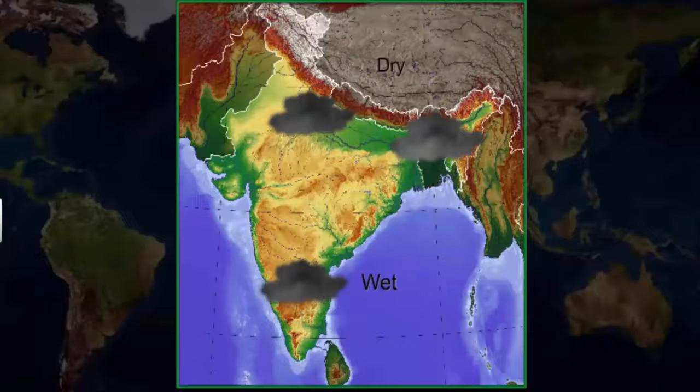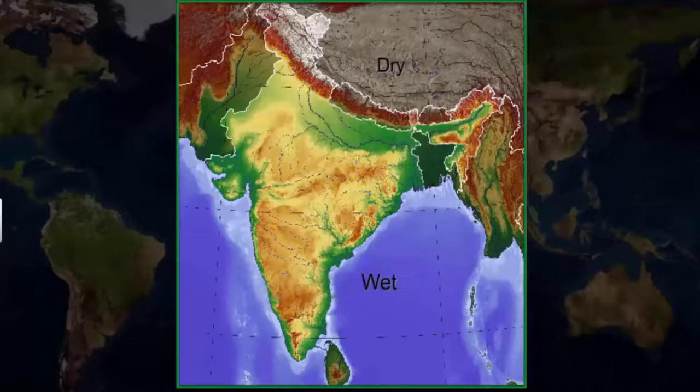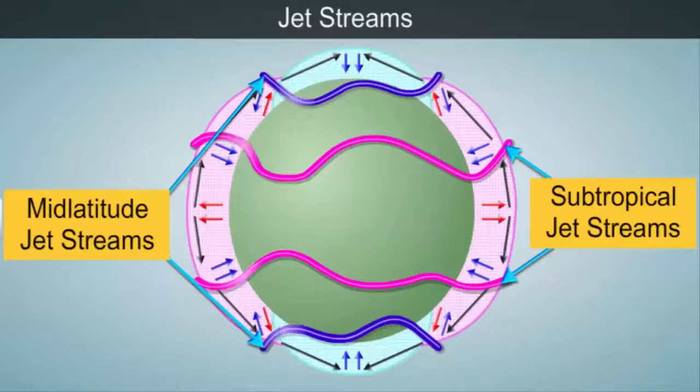The upper air circulation is dominated by a westerly flow. An important component of the flow is the jet stream. Jet streams are a narrow belt of high-altitude westerly winds that blow in the troposphere.